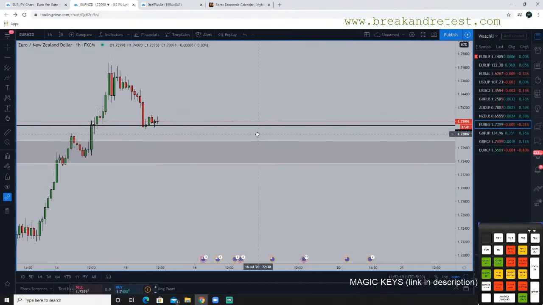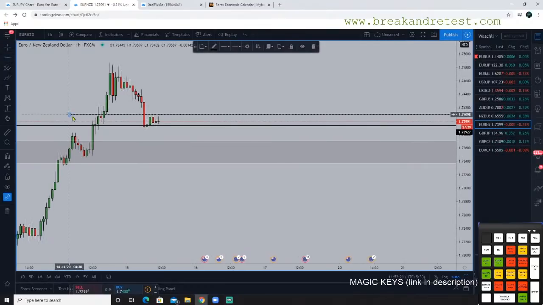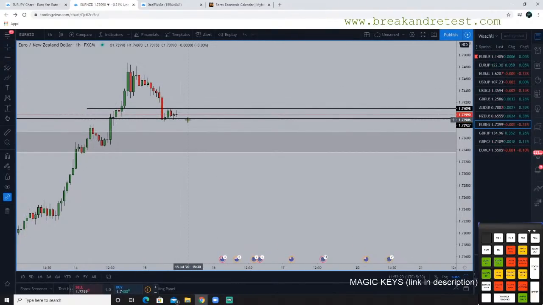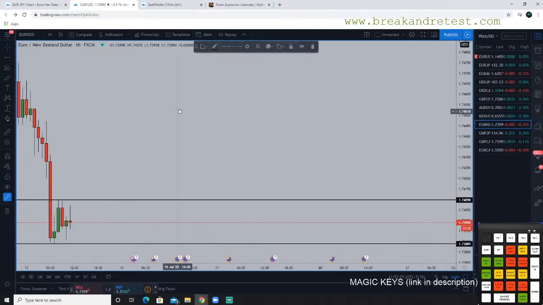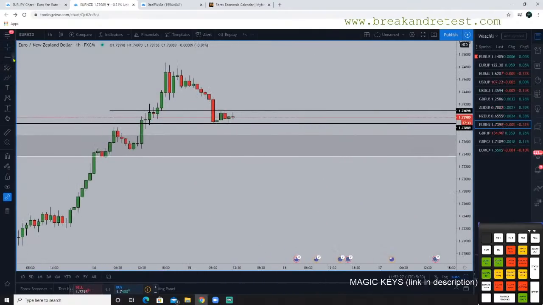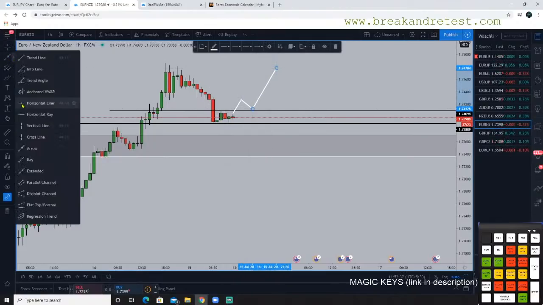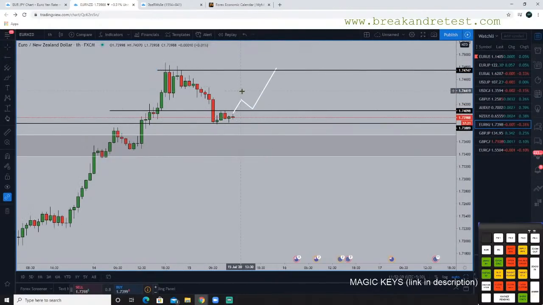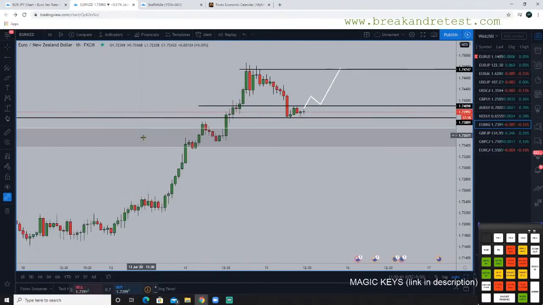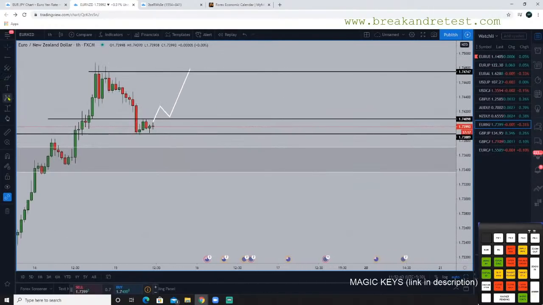Maybe a break above this would give us a chance of going bullish. A break above, a small retest and continuation to fill this range to the upside. That's what I think. It's a small resistance, but as you can see before what happened, we got 2-3 rejections.